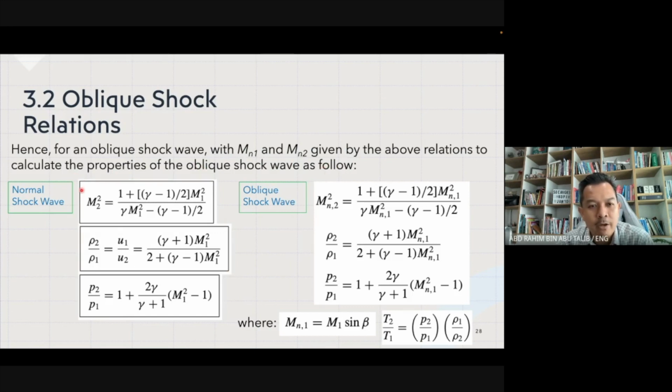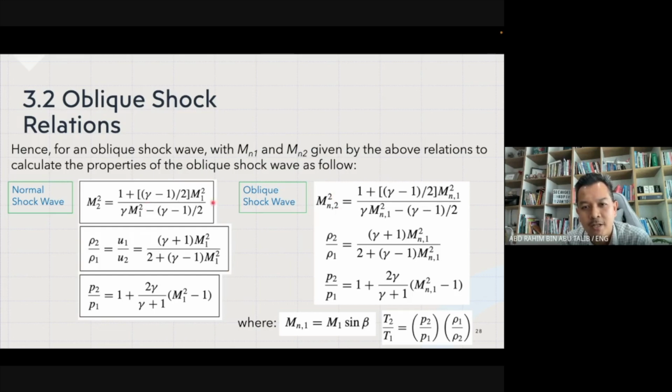For the normal shock wave, we have M2 squared, which we have already expressed before, for the density ratio, the pressure ratio, and the Mach number squared at station 2. For the oblique shock wave, similarly, we re-express it as Mn2 squared at station 2.